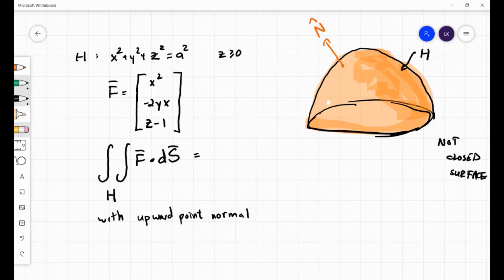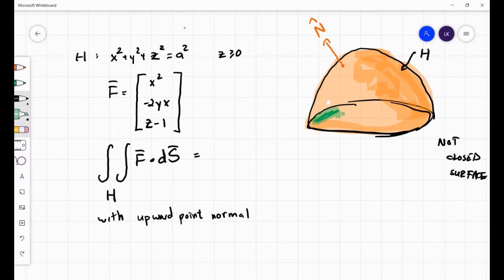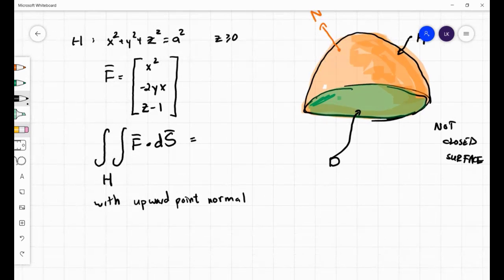But what if we did include the bottom? Let's call that D for disk. That's the disk, right? Then we could apply the divergence theorem.